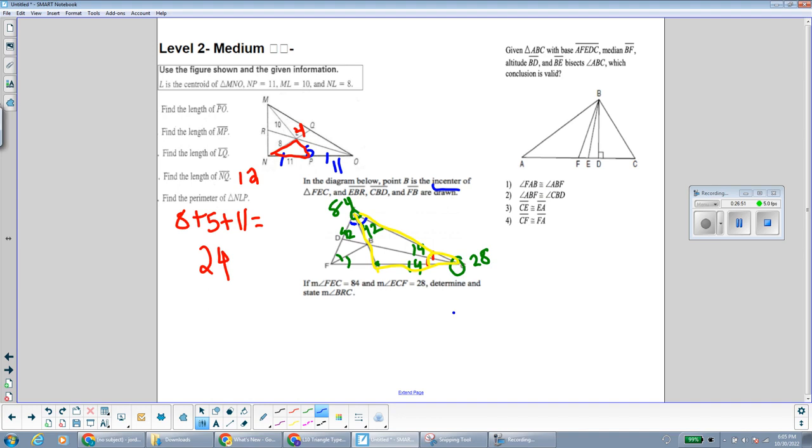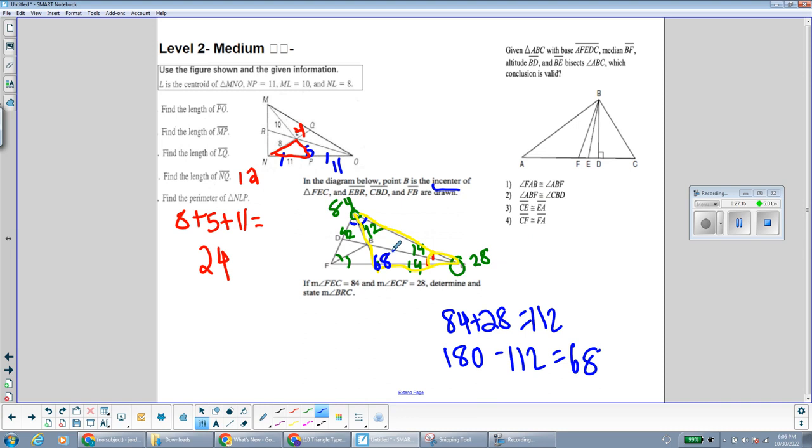So if I do 84 plus 28, 112. And since all the angles of a triangle add to 180, 180 minus 112 is 68 degrees. So here we have 68 degrees.